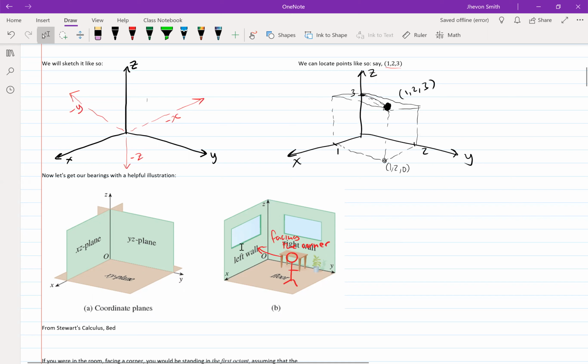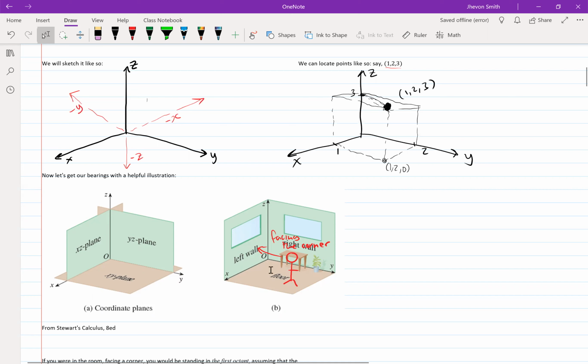So your left wall is what we call the xz plane. And it actually extends forever in all directions, but that is the part of it that you would be able to see. We call it the xz plane, of course, because it's bounded by the x-axis and the z-axis. To the right, you have the yz plane. It's bounded by the y-axis and the z-axis. And on the floor is the xy plane.